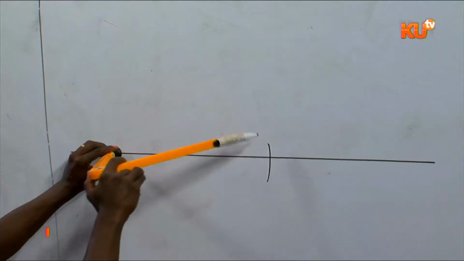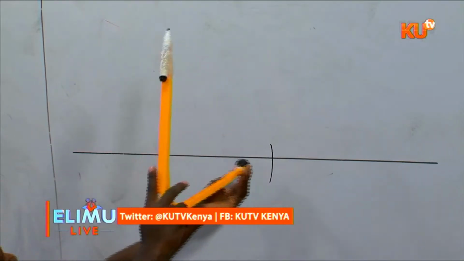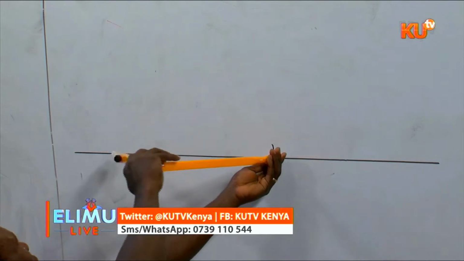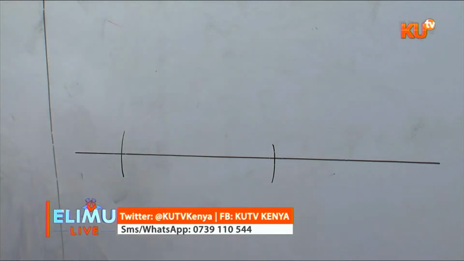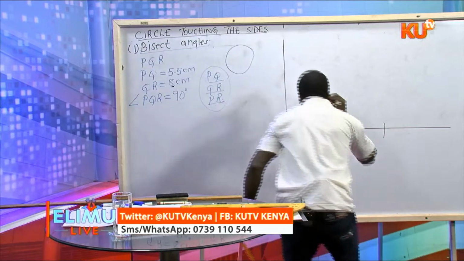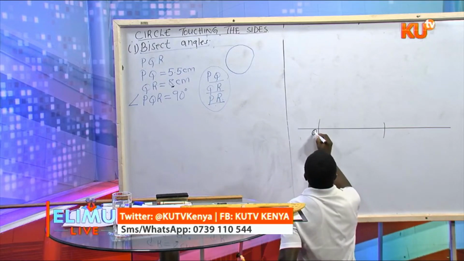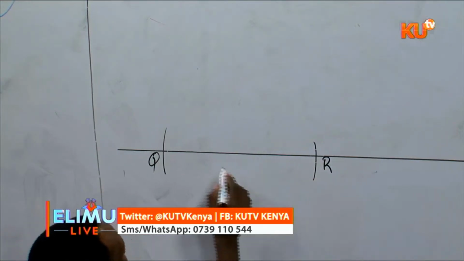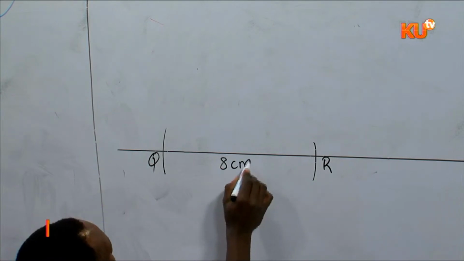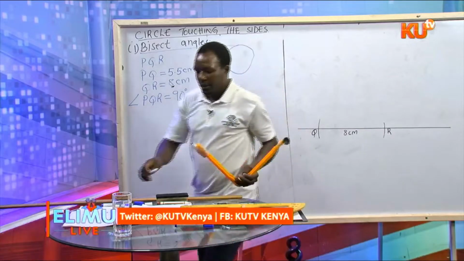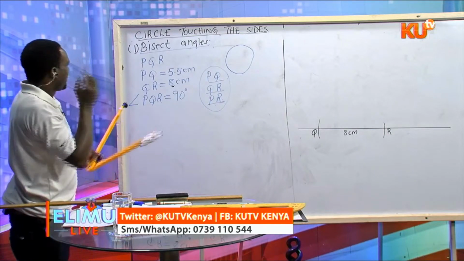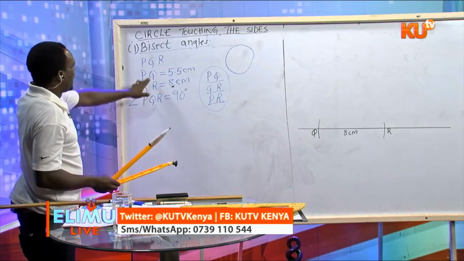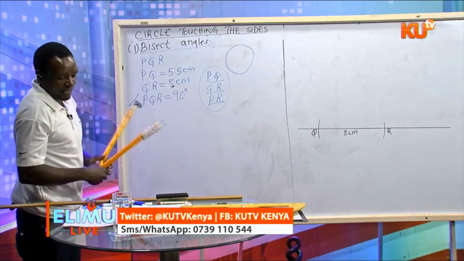Put an arc there. Then come here. Put an arc there. That is our line, which is QR. QR 8 centimeters. Then we have PQ 5.5 centimeters.